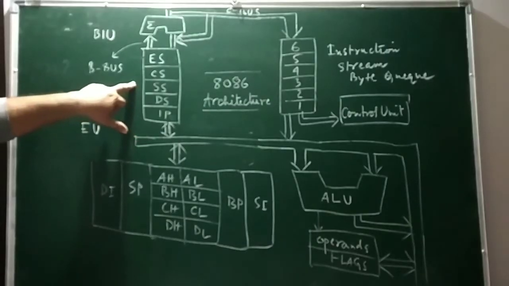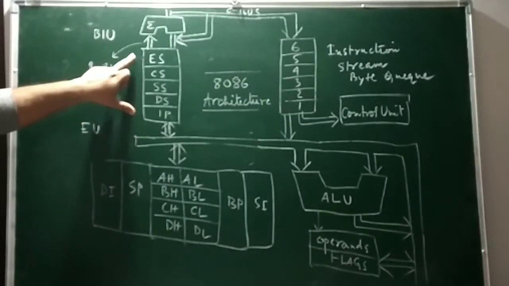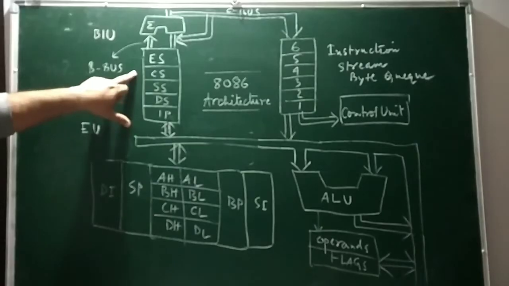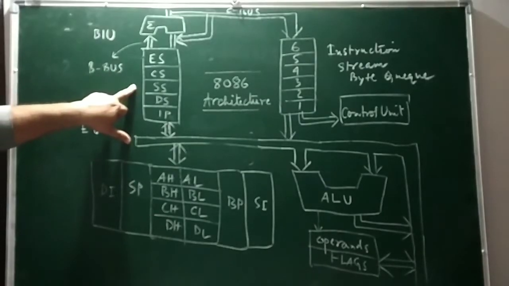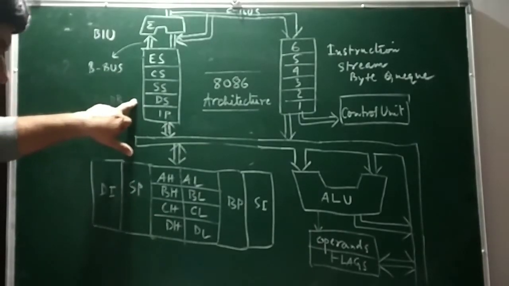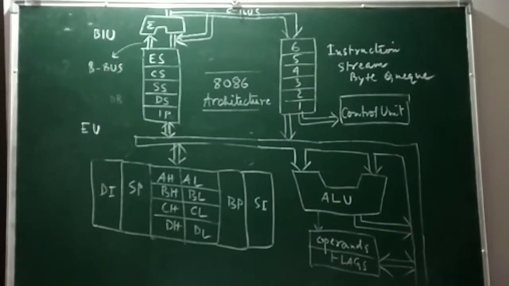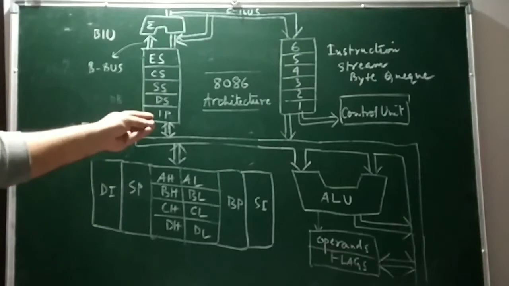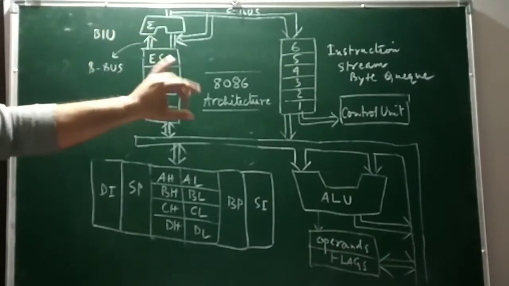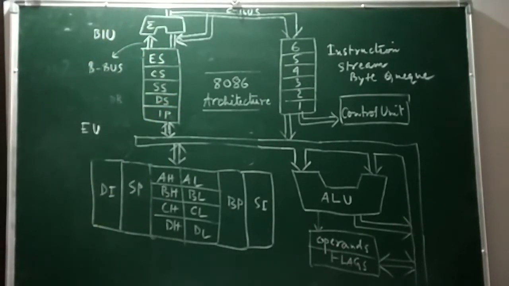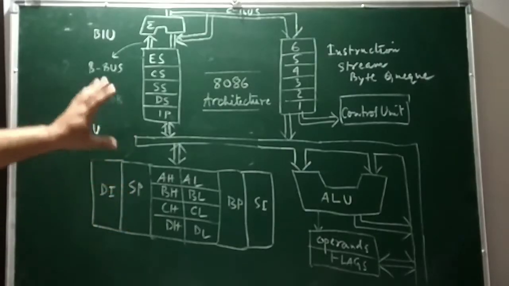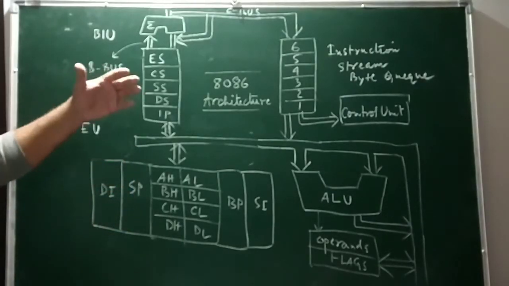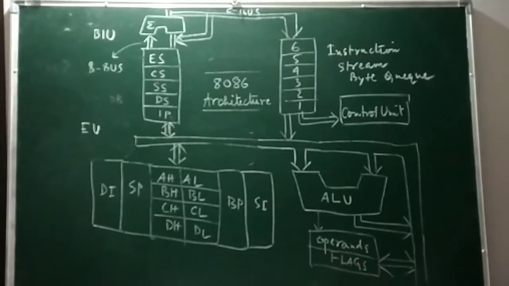So in 8086 we have 4 segment registers. Fine. So these are basically used for segmented memories.